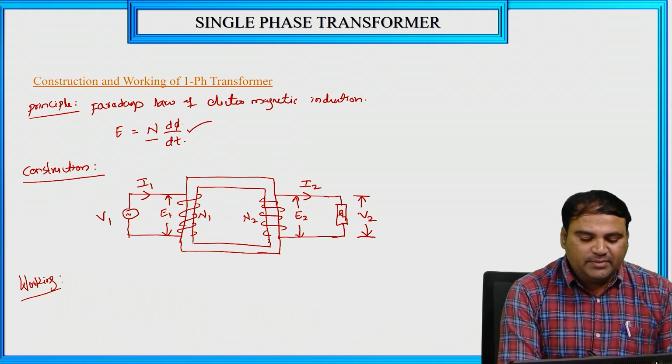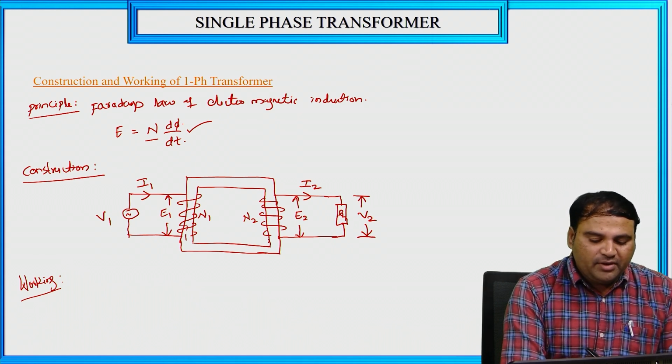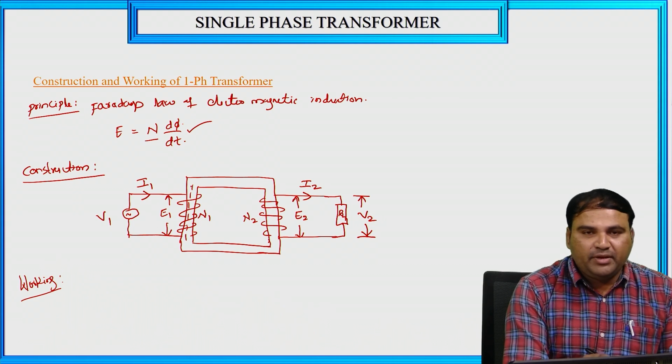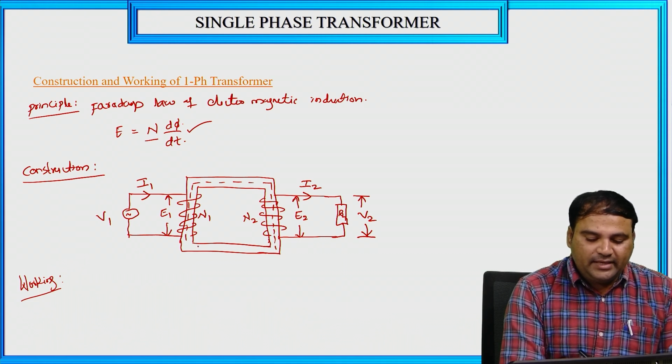When the current passes through this primary winding, some amount of flux will be induced. The same flux links with the secondary coil.